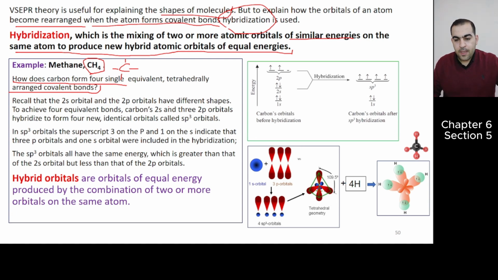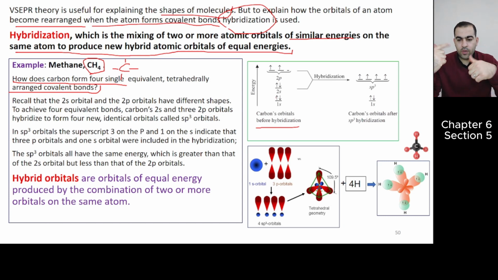Guys, look, this is carbon's orbital before hybridization, before mixing. This is the energy of the orbitals. 1s is the lowest, right? By energy, as we learned in chapter 4. 1s is filled by 2 electrons, 2s filled by 2, and 2p, but carbon has only 6 electrons.